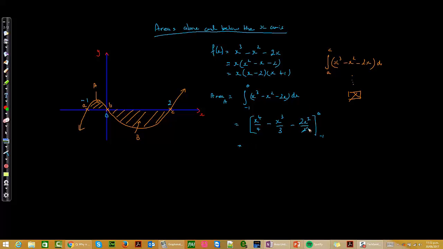Okay, this will cancel down to just x squared, and if you put 0 in here, here, and here, that becomes 0 minus what we get when we put negative 1 in. So negative 1 to the power of 4 is 1. Negative 1 in here becomes negative 1, so minus negative 1/3 becomes plus 1/3. And minus, when you put negative 1 in here squared, that becomes minus 1.